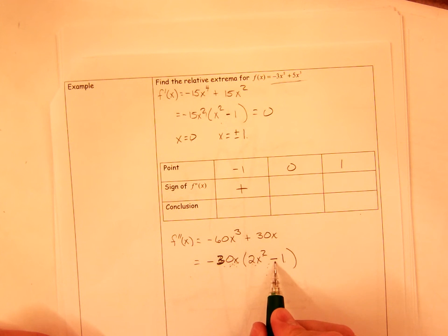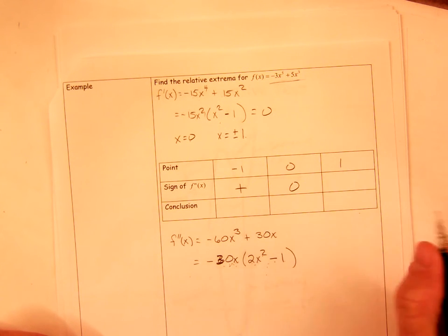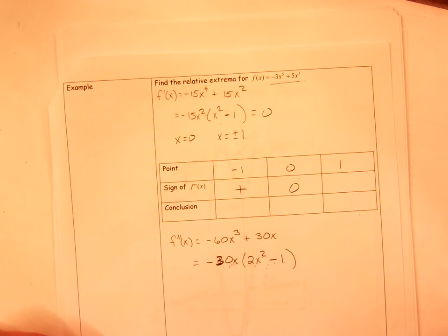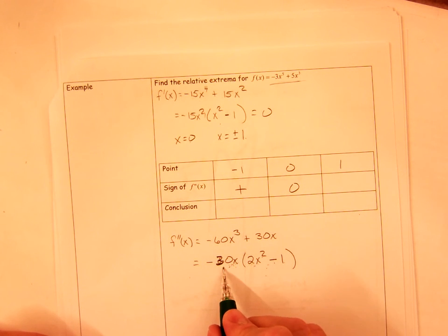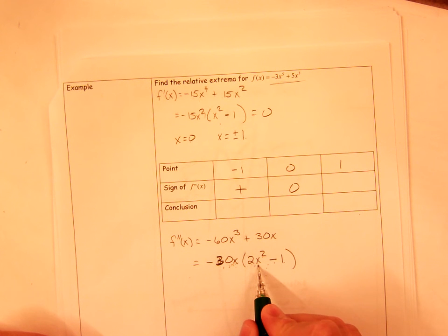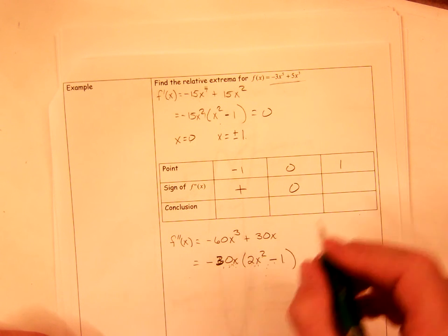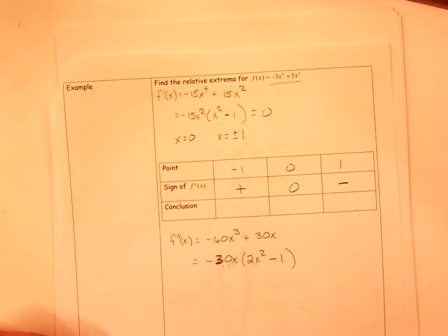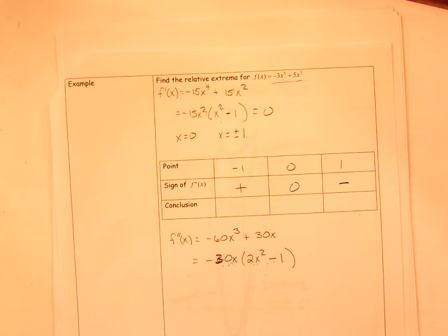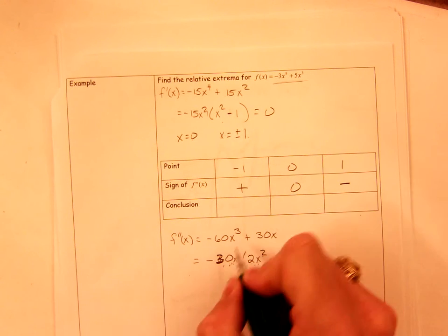What's 0 times a negative? 0. So it's neither in that case. And then when I plug in a 1, I get a negative and a positive. What's negative and positive? Negative.